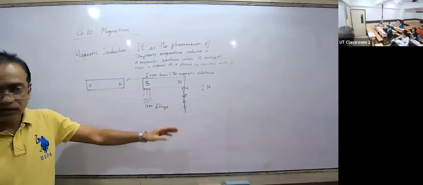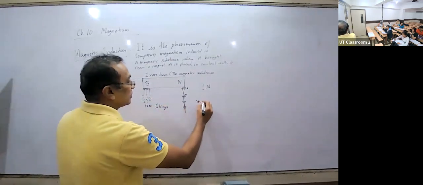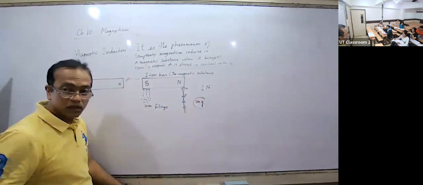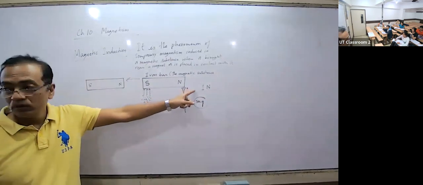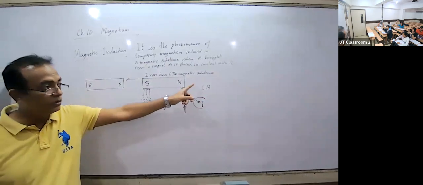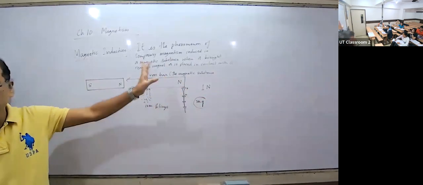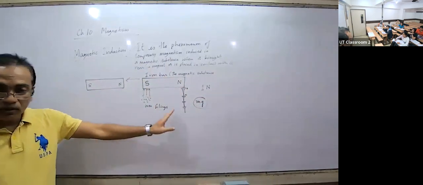Nail will have mass, so mg. So whatever mass, mass into gravity is equal to 1 Newton, that many nails will be stuck. Beyond that, it will break.